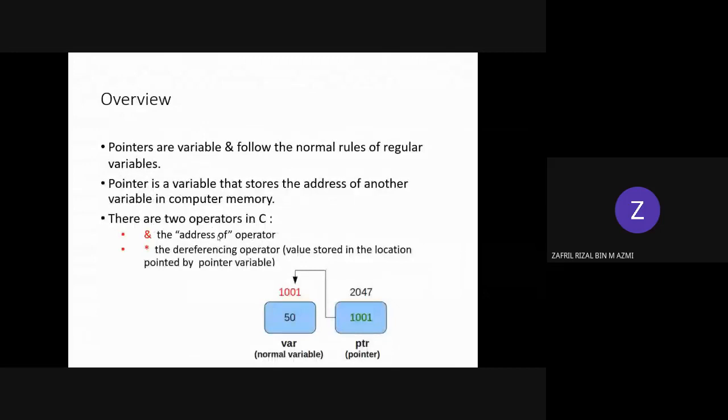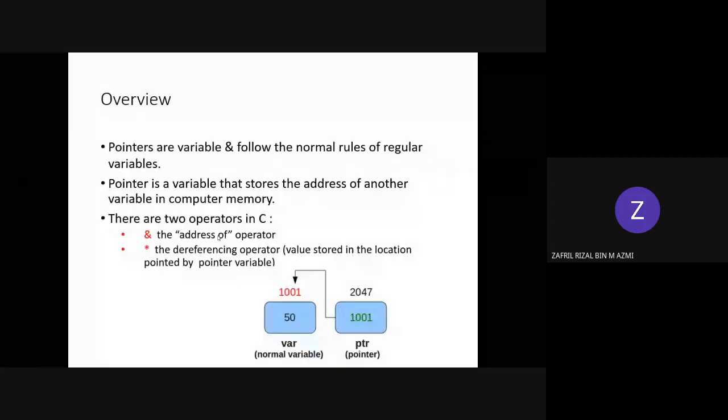Pointers are variables. Since it is a variable, it is a type of variable. However, we call it a pointer, we are not calling it a pointer variable. So pointer is a type of variable, and since it is a variable, the normal rules of a regular variable also apply.